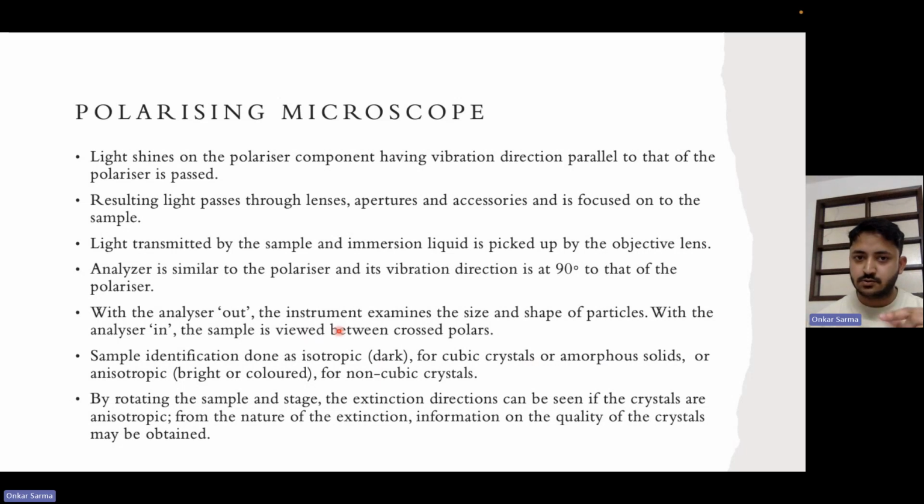When a particular component passes through the polarizer and reaches the anisotropic crystal, the crystal causes a partial rotation of that component. That rotated light can then pass through the analyzer, so the whole light is not blocked out. Because part of the light passes through the analyzer, those crystals appear bright or colored, and they are identified as anisotropic crystals, which are basically non-cubic crystals.